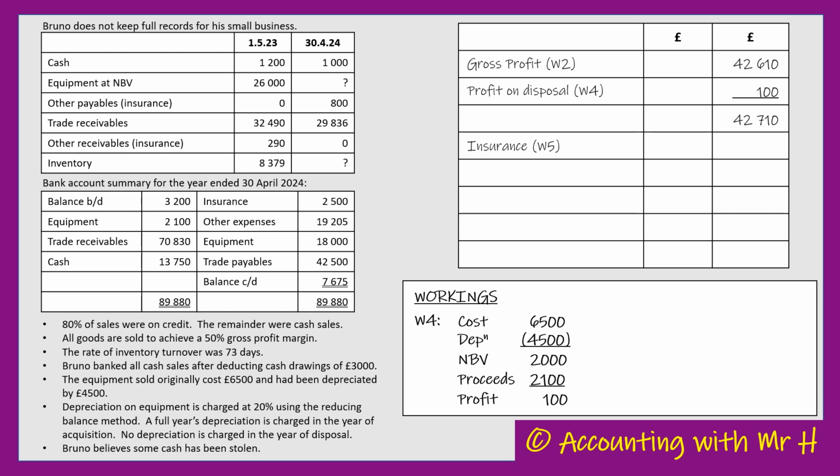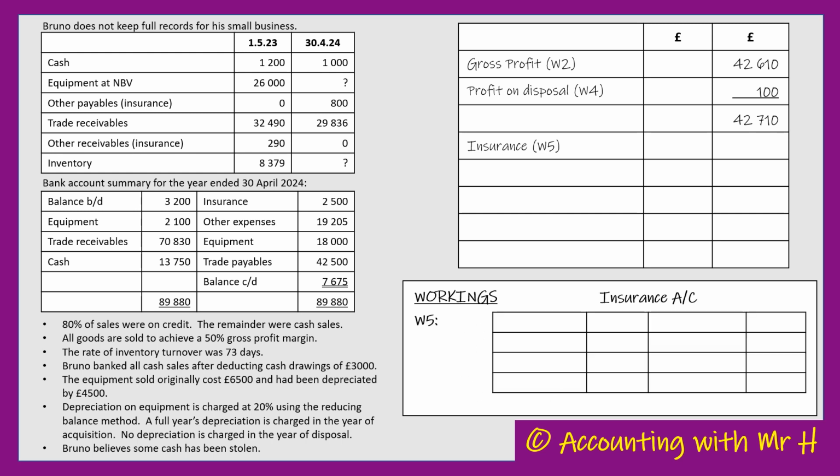So insurance then. With insurance, I can see in the table at the top, he's also given me some further information about insurance. It says other payables insurance and other receivables insurance. So this tells me that Bruno has prepayments and accruals going on with his insurance. So I need a bit of a working, and I'm going to do a quick T account for insurance.